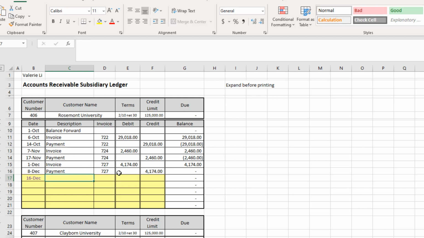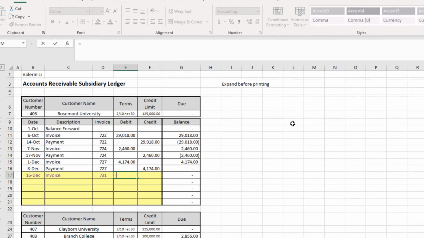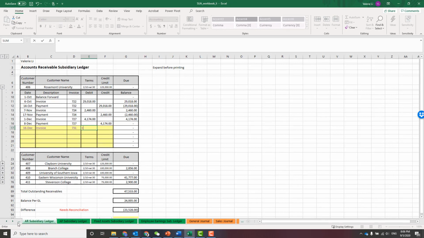Okay, the description is the invoice, because I need to post it here. The invoice number is 731, and it's going to be a debit, so I put it under the debit part. I like to use the equation, so I'm going to make it equal to the amount I put in, so it's easy.